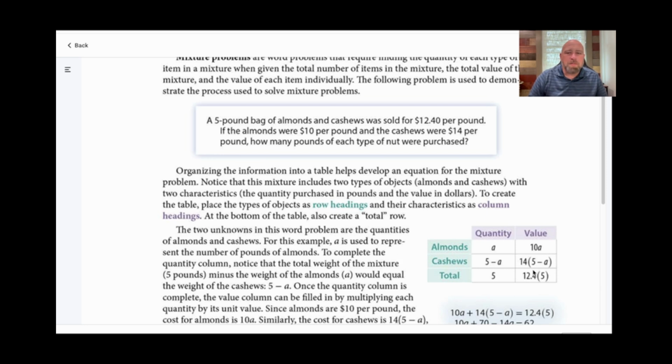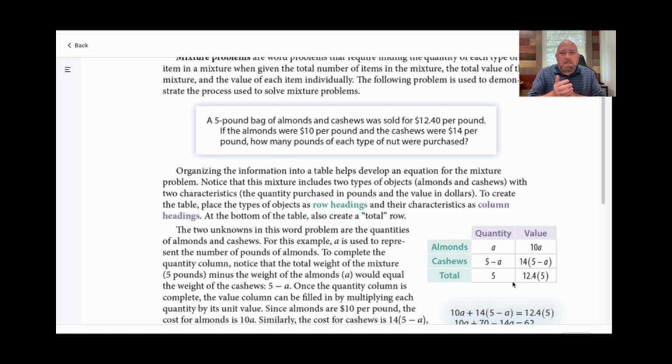What's a table? A table is something that we're going to label. On one side you have the almonds, the cashews, and the total. The other side you have the quantity, how many of them, and what was the value, how much did they cost. And so you're putting things into a table.